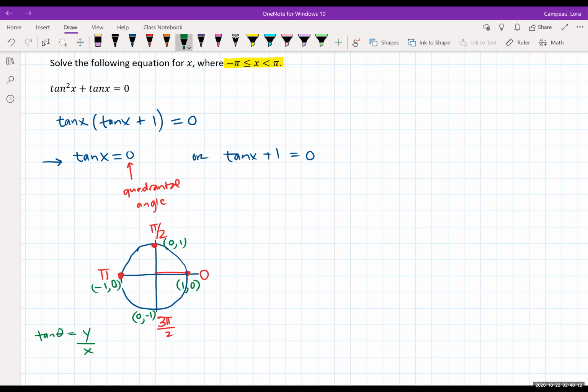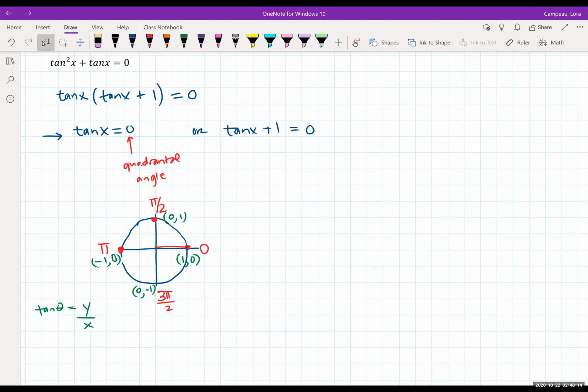And what I'm interested in is where do I get 0 when I look at the x and y values? So it just so happens, if tangent is y over x, we just take the y value. And anytime we have tangent x equals 0, we're looking at these two angles.